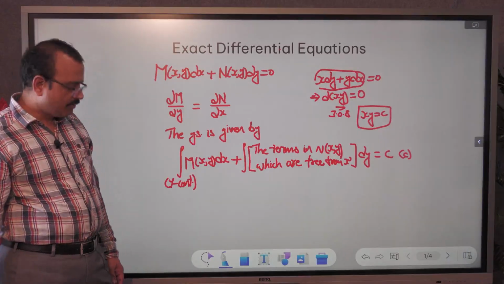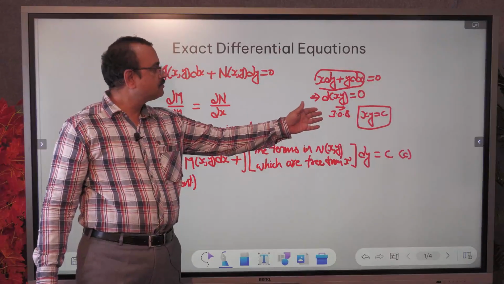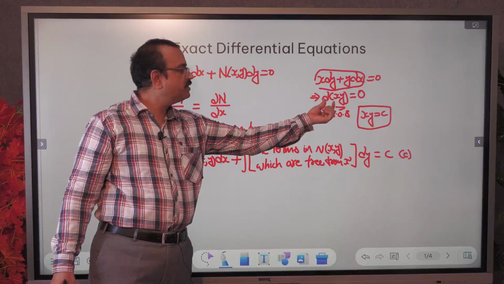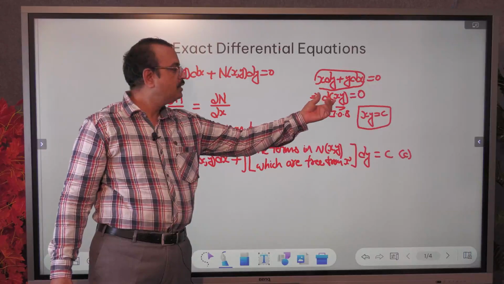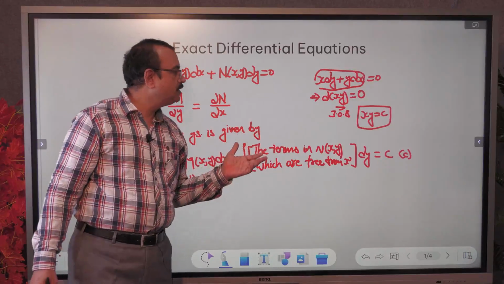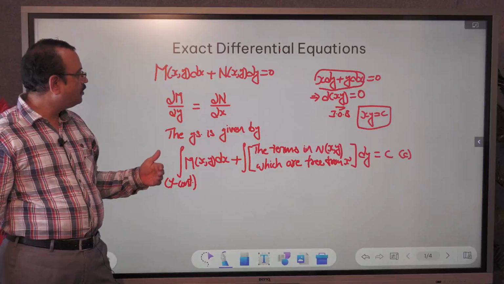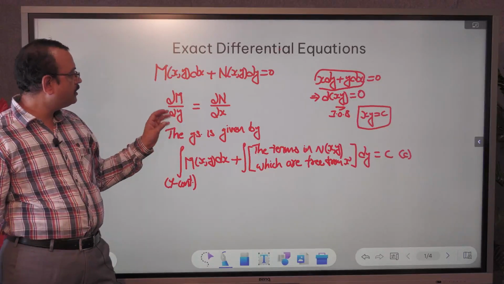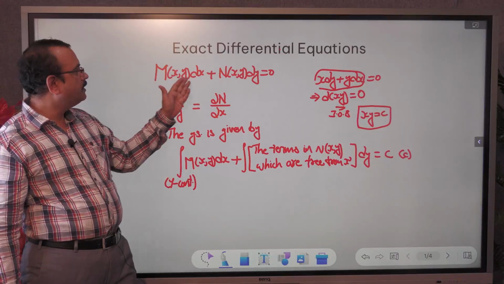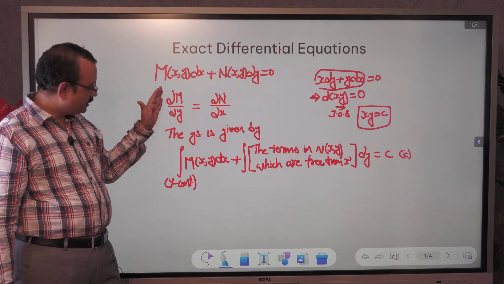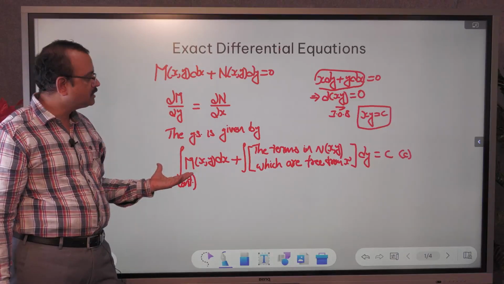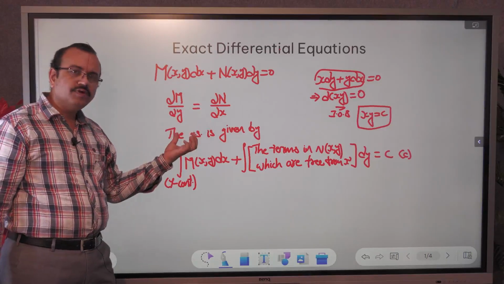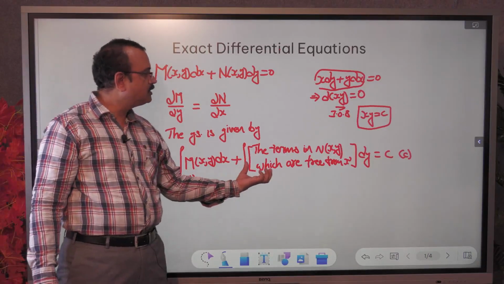But every time we cannot guess like this. It is not always possible to identify a function whose exact differential is the given differential equation. That is why, after many theoretical procedures, a procedure has been identified: whenever the equation is in the form M dx plus N dy is equal to 0, we can use it to identify whether it is exact or not, and if it is exact, find the general solution like this.